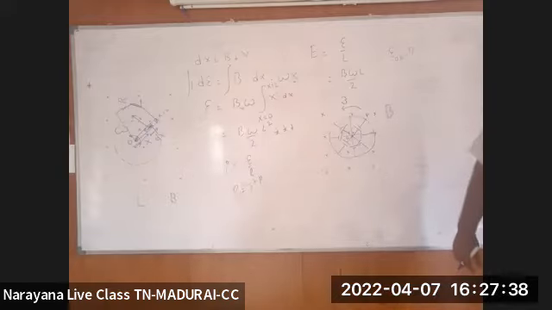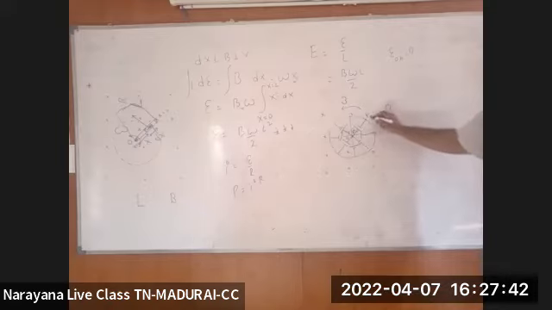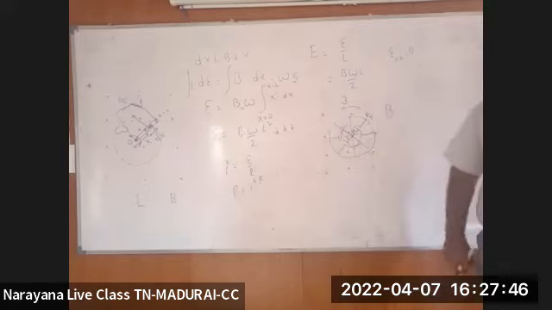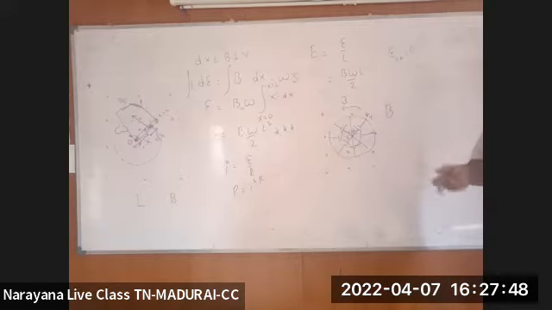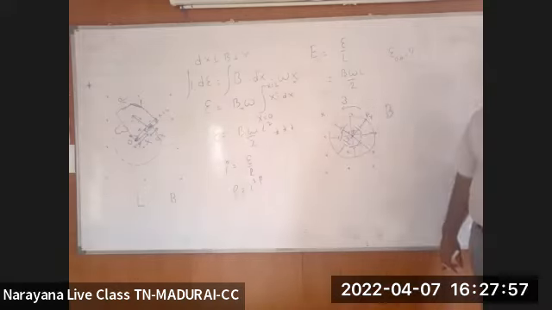Parallel. Why? If you assume here potential is X and here potential is Y, the potential drop across every cell is X minus Y. What is the net EMF of all these cells in the parallel combination? E only.